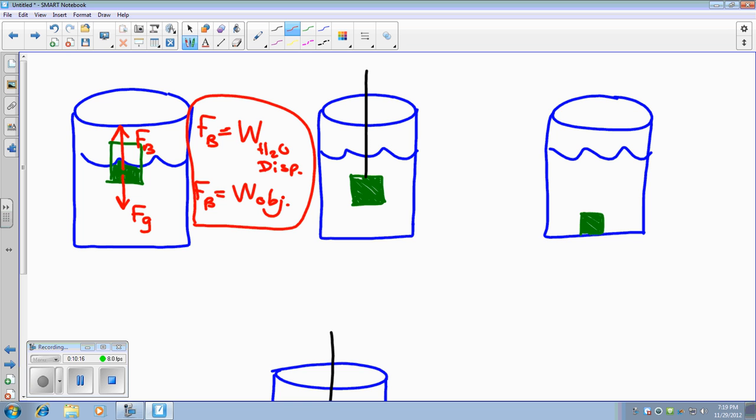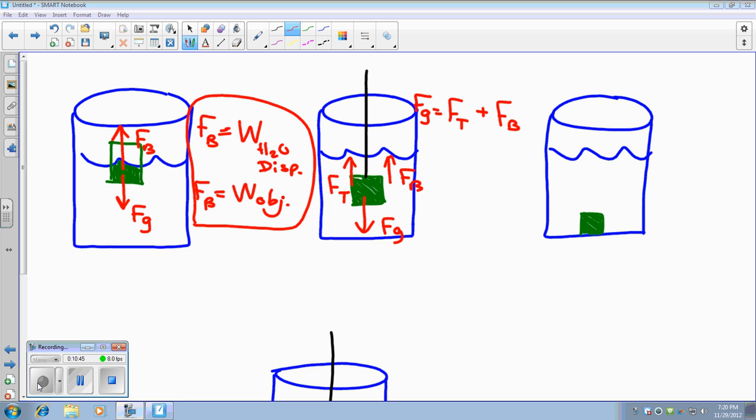Second scenario. Here we have still the force of gravity on our way down. We are going to have buoyant force on the way up, but then we are also going to have the tension. This is a very, very common situation to see and a very common question to see. The big thing I want you to understand here is that the weight of the object is going to be equal to the force of tension plus the buoyant force.